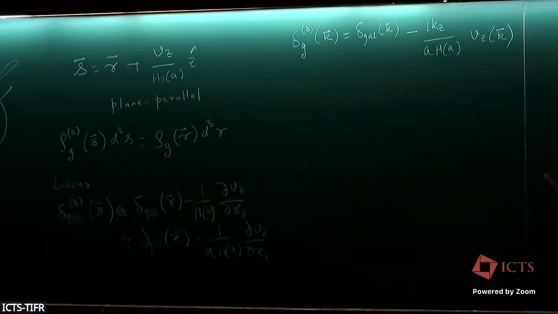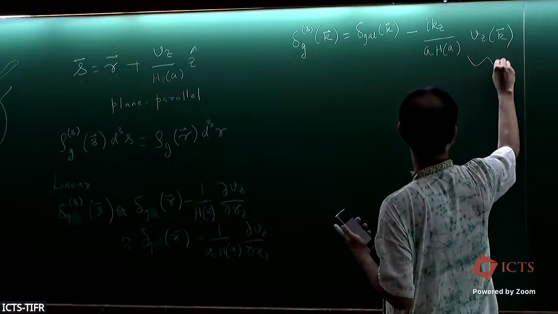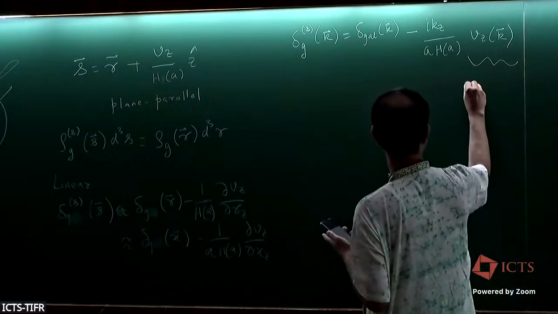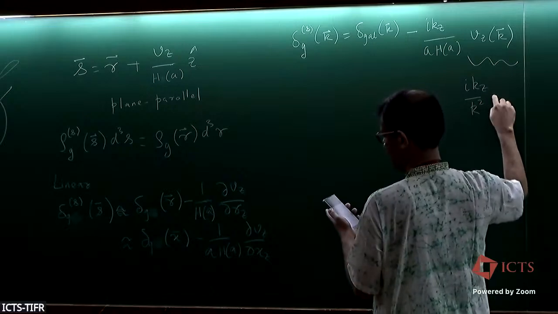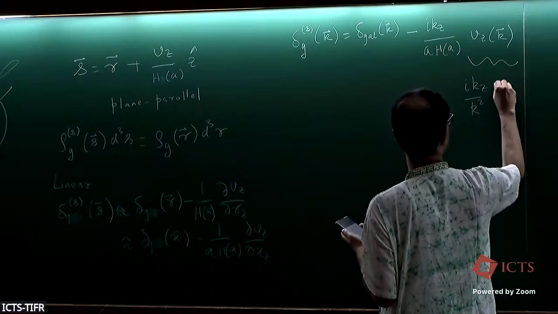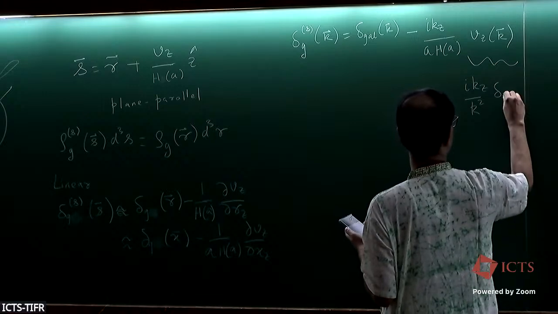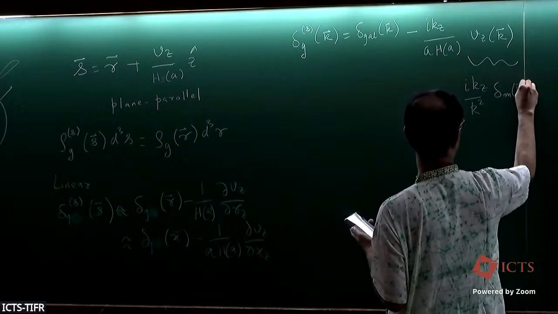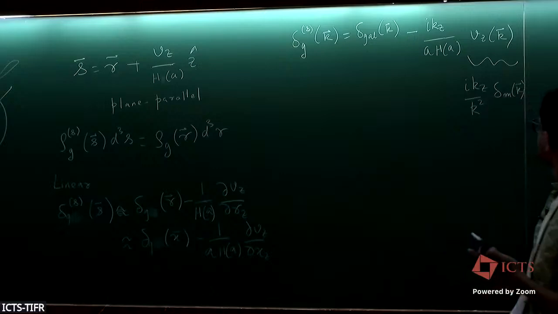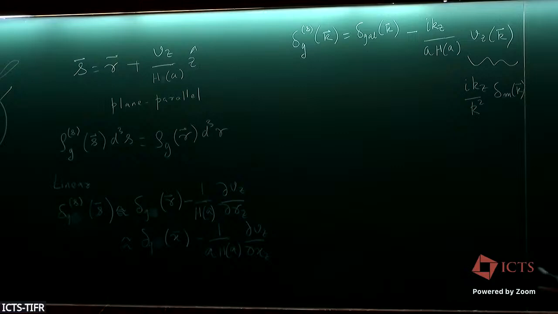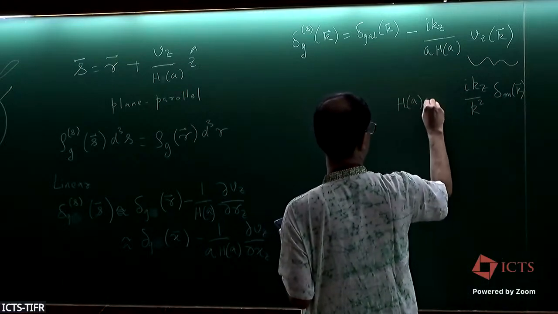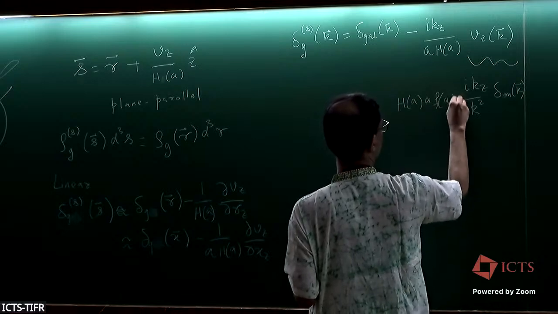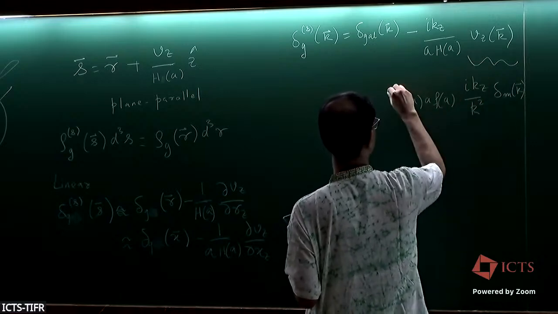The solution of the linear theory will tell you that this quantity is nothing but i kz by k square times delta m of k times aHf. Okay, so this whole quantity is this.